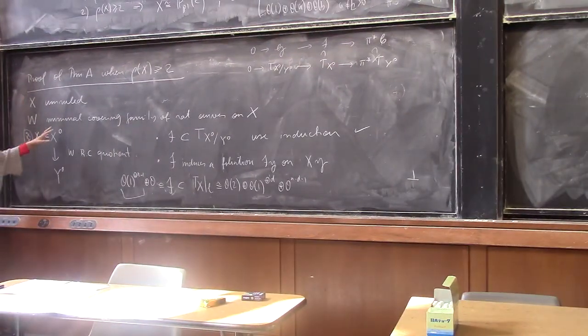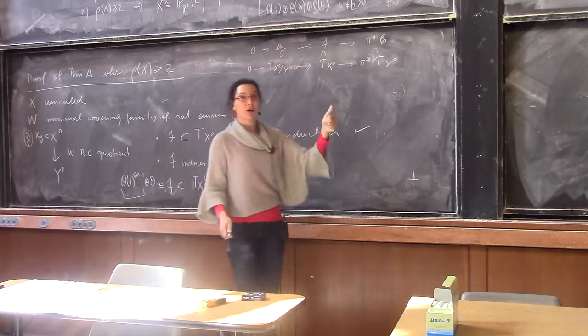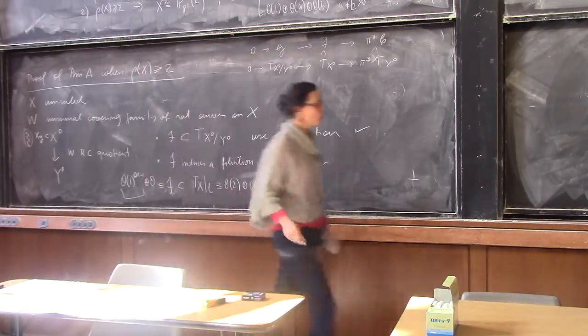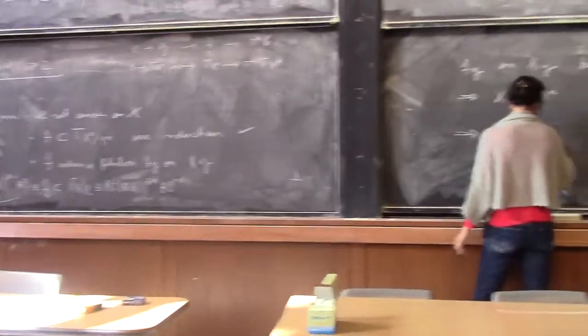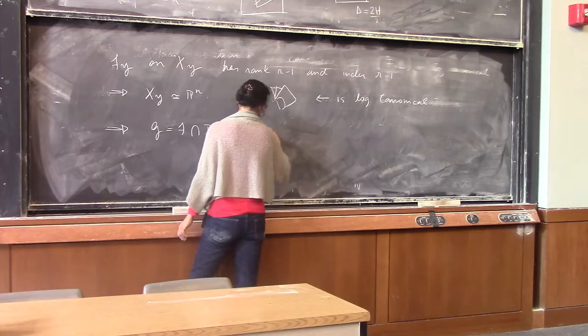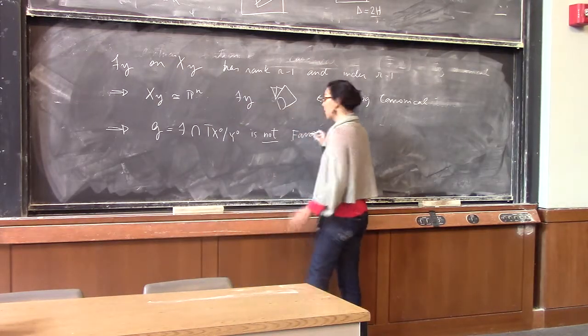The one on the fibers, this G here, we know that it's log canonical, and we know that the leaves do not have a common point. So this G cannot be a funnel because of our proposition.